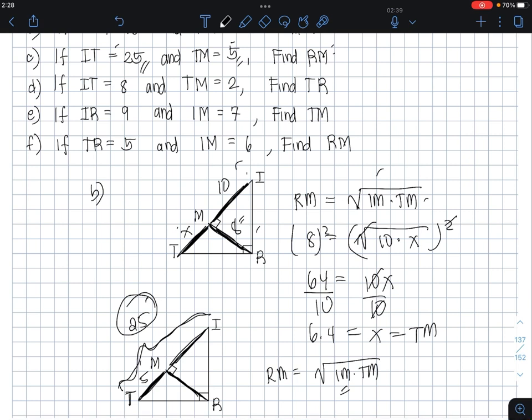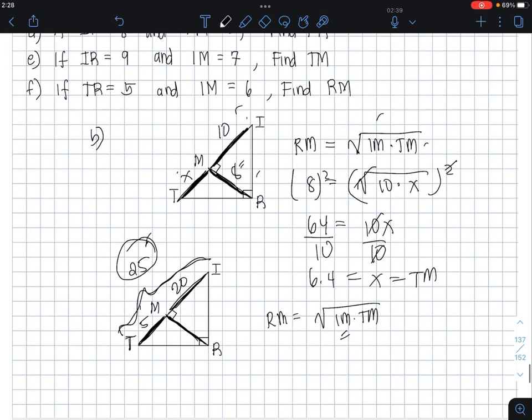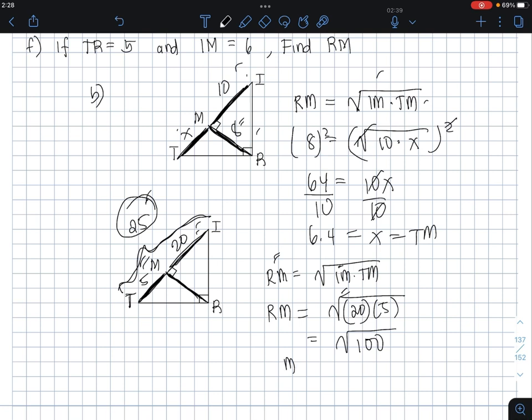So, therefore, IM is 25 minus 5 is 20. So, plug in na natin dito. So, RM yung hinahanap, unknown, equal to square root ng IM, which is itong 20, times TM, which is 5. So, square root of 20 times 5 is 100, or square root ng 100, RM is 10. Okay?